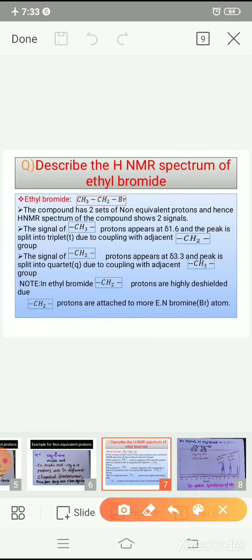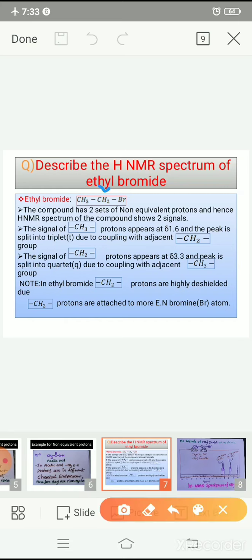So the signal of CH3 protons appears at 1.6 and the peak is split into a triplet due to coupling with the adjacent CH2 group. Now, the second signal. Now we discuss the second signal. The signal of CH2 protons appears at delta 3.3 and the peak is split into a quartet due to coupling with the adjacent CH3 protons.